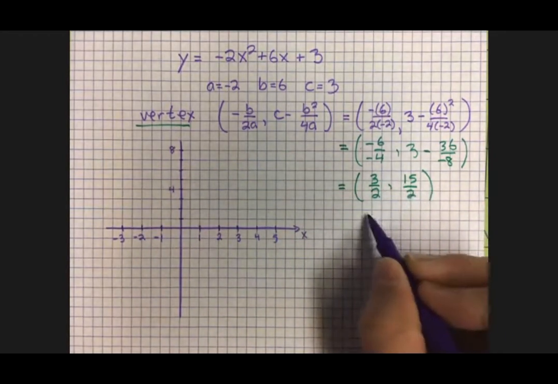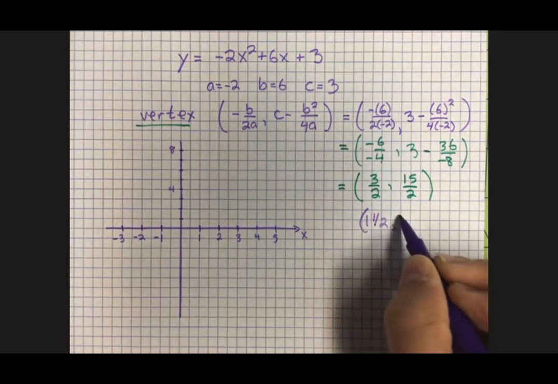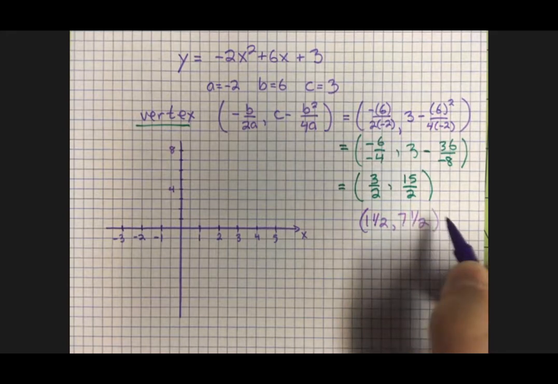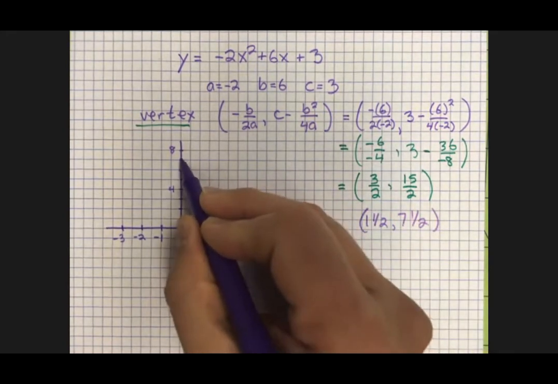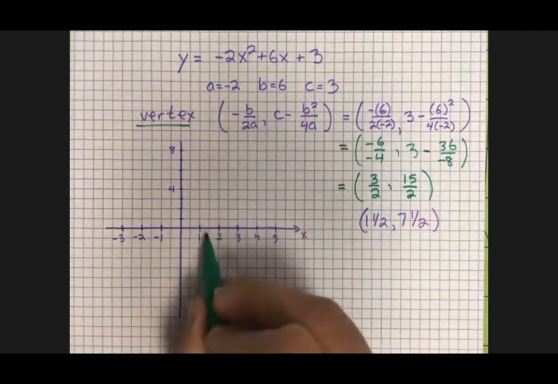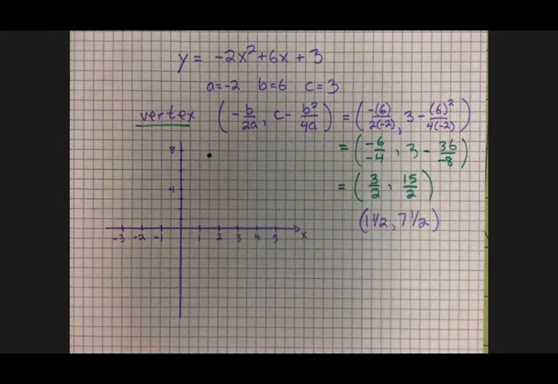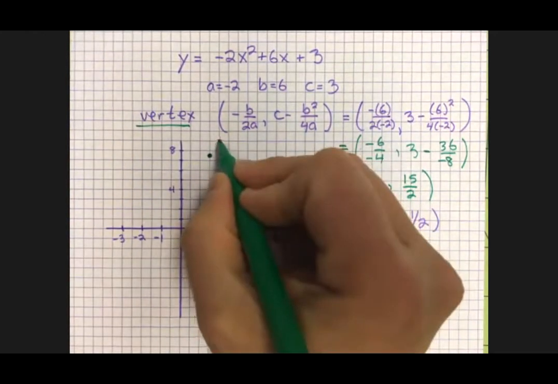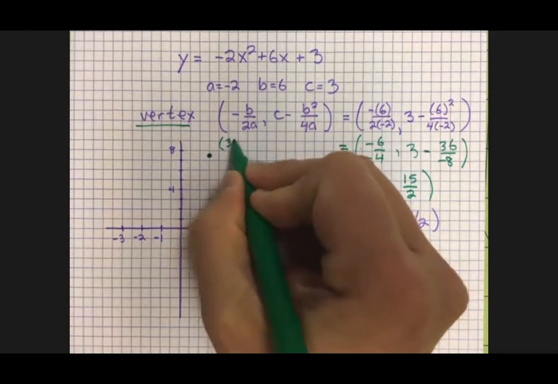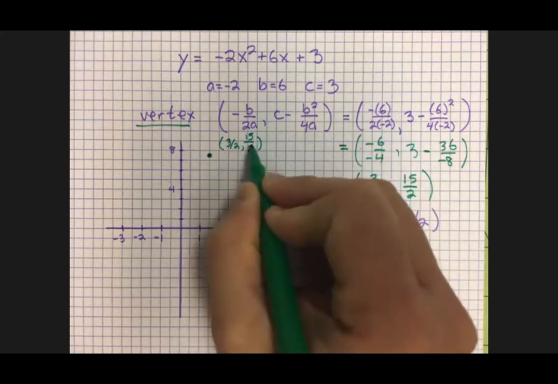Because marking 7.5, 7 and 1/2, is not so bad. I just have to split the box between 7 and 8. So here's 3/2. Here's 7.5. And I have my vertex. No harm in labeling it. One and a half, 15/2.